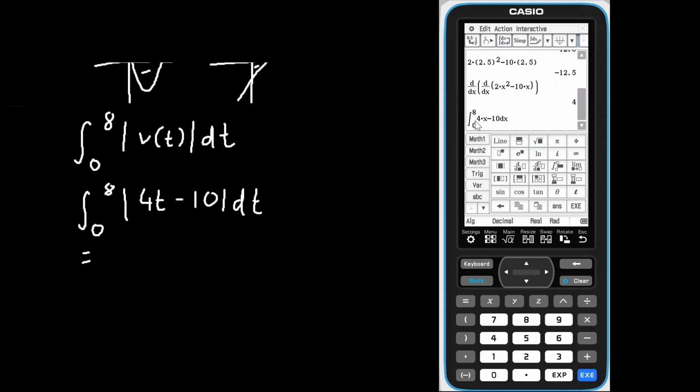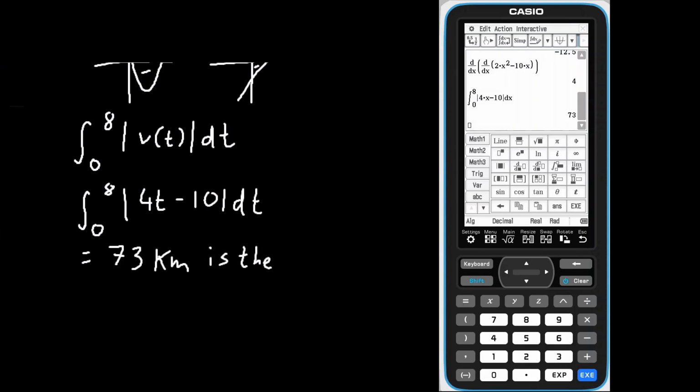So that's this guy here. We can highlight it, and then it gives us the right value. So this is equal to 73 kilometers, which is the distance traveled in the first 8 minutes.